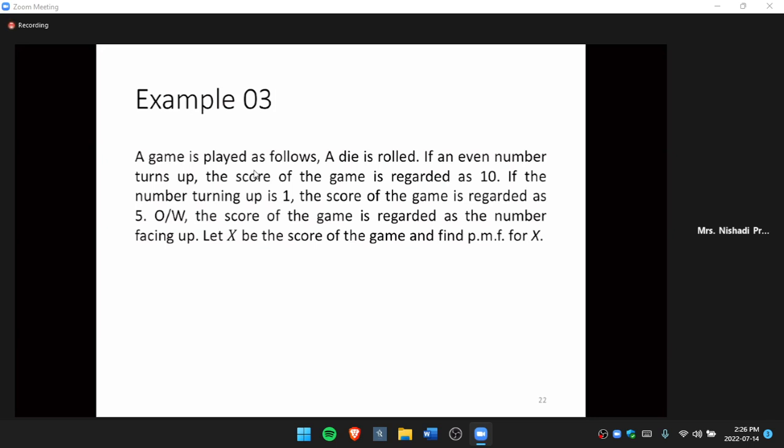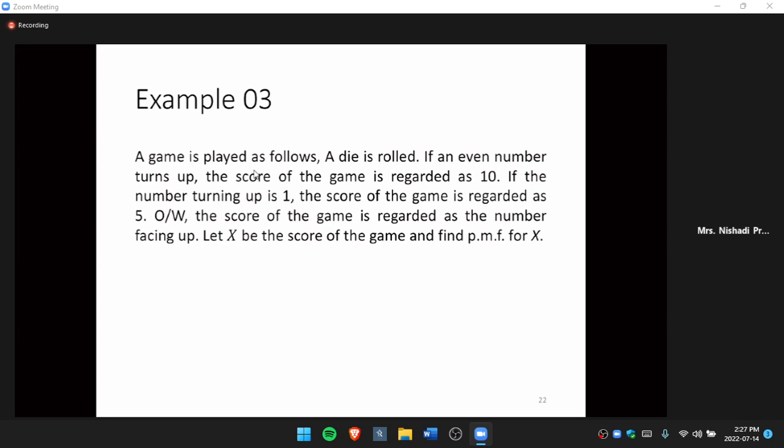It's really a nice question. In this case, you may have to find the sample space as well as the induced sample space. And for the induced sample space, you have to find the probability mass function.